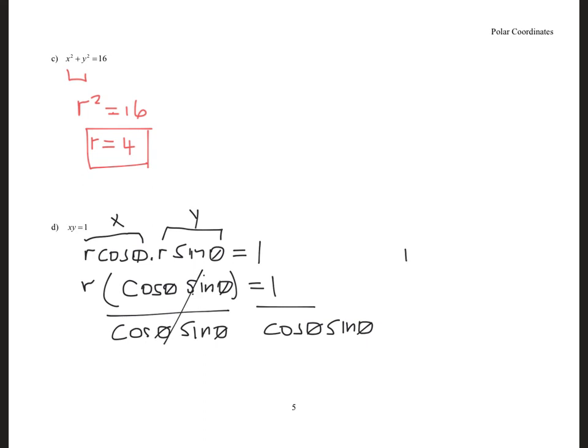So what do we get? r squared equals 1 over cosine theta sine theta, which is the same as r squared equals secant of theta and then cosecant of theta.